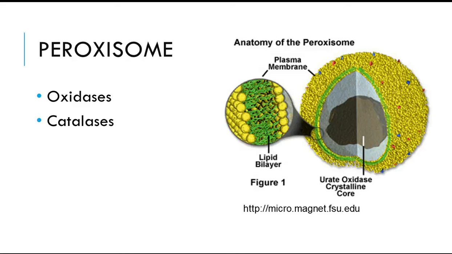So they alternatively make, then break hydrogen peroxide. Catalases make and break both? No, oxidases exclusively produce the hydrogen peroxide. The oxidases make the hydrogen peroxide, and the catalases break it, split it into what?